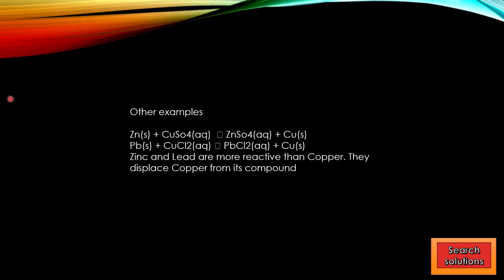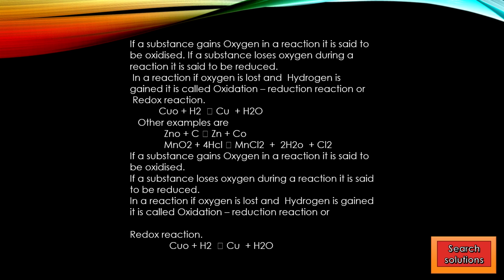These are the related examples as listed in the textbook. Please learn all these equations. This is an explanation of whatever I said previously. A substance in a reaction is said to be oxidized if it gains oxygen, and it is said to be reduced if the substance loses oxygen during the reaction.